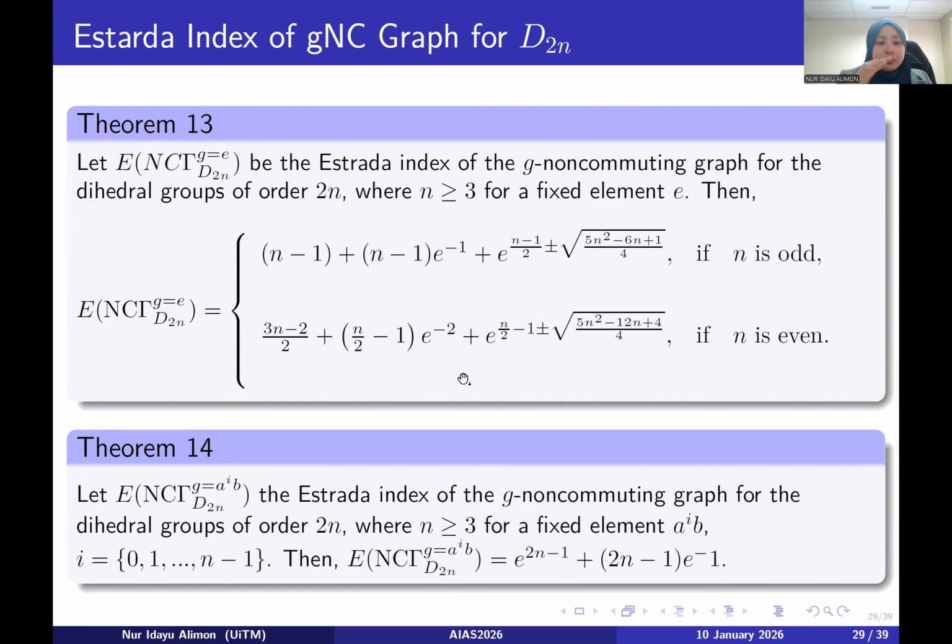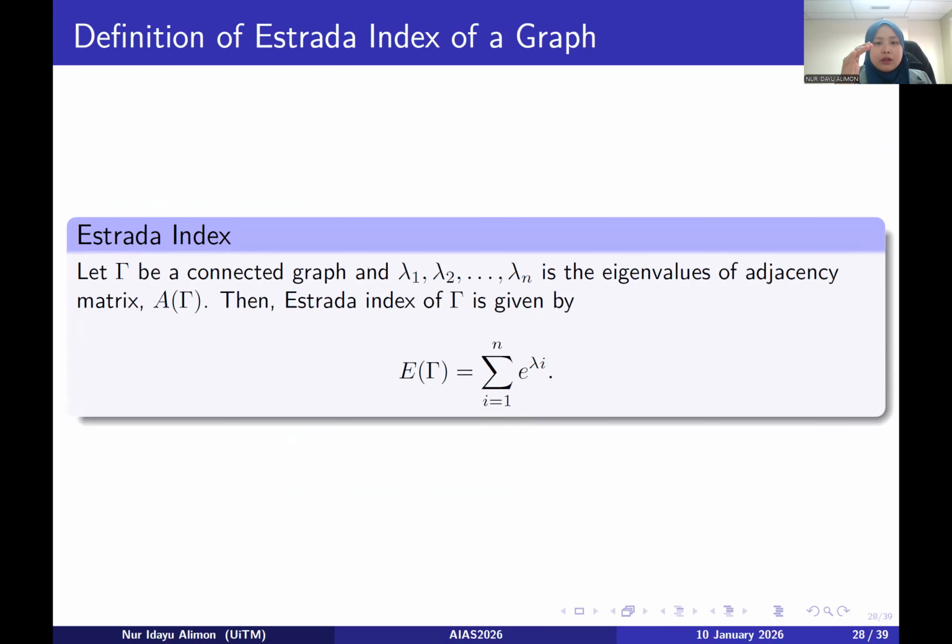Okay, so if you want to compute from scratch, what we did was we need to start from the group itself, from the group presentations, and then we come up with the elements, and then from the elements we need to construct the graph. We need to construct the graph, check the adjacency, and then you need to compute the eigenvalues.